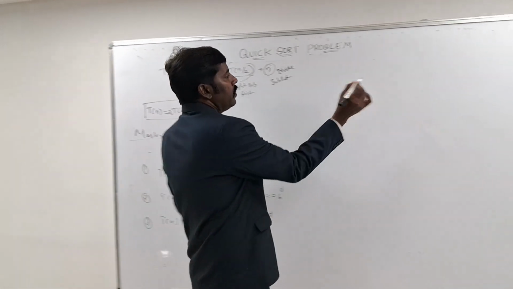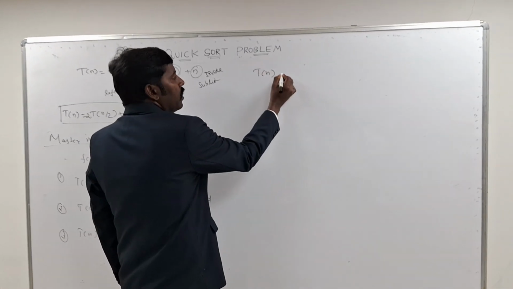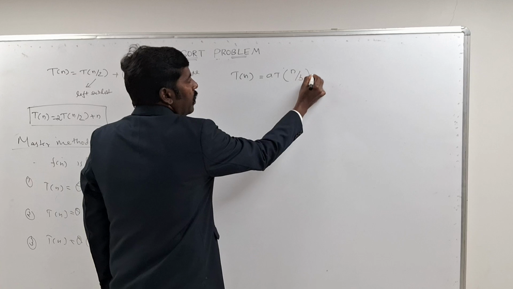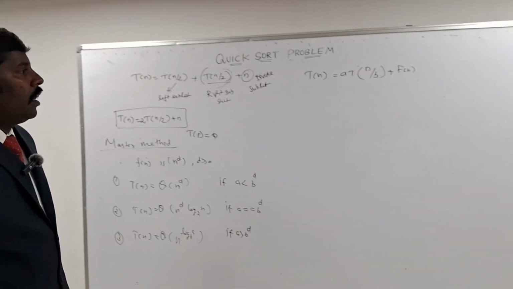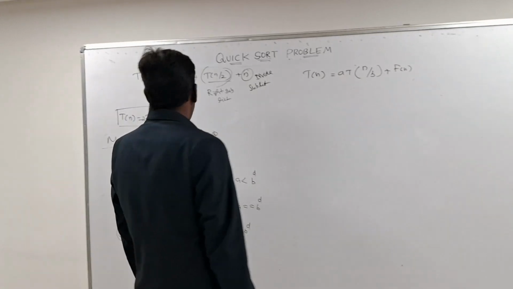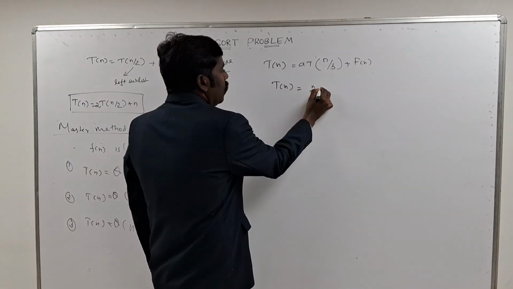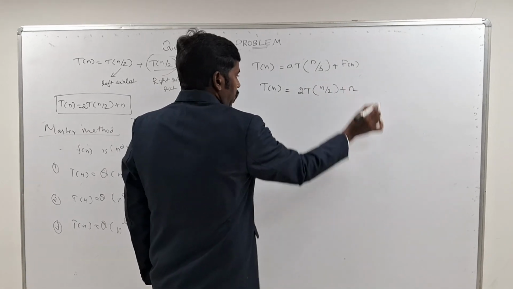The equation must match the master method form, T(n) = aT(n/b) + f(n). Our equation is T(n) = 2T(n/2) + n.